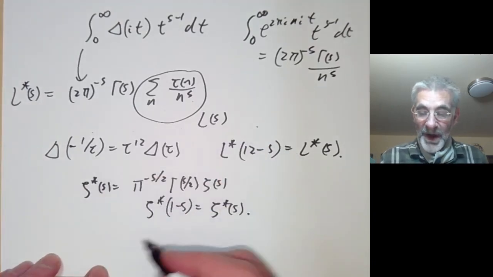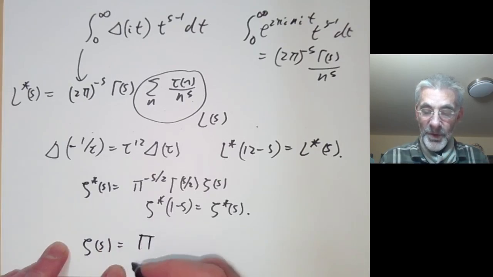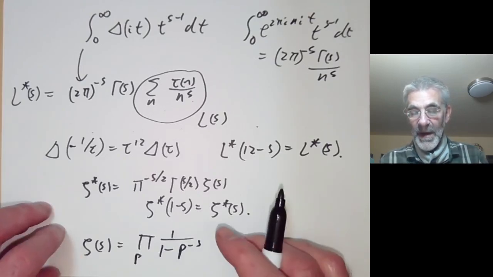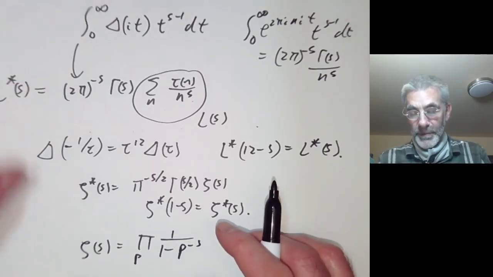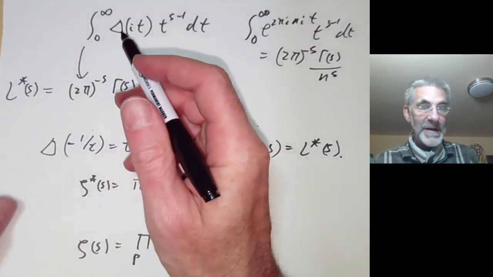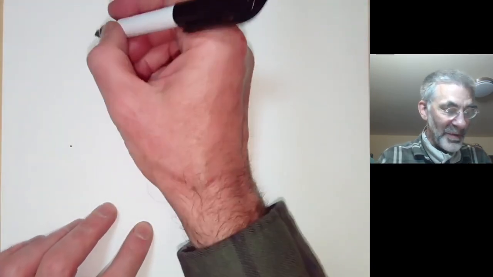Anyway, you all remember the zeta function has this infinite product over all primes of 1 over 1 minus p to the minus s. And all those funny relations we found between the coefficients of the delta function can be expressed as an Euler product for L of s.